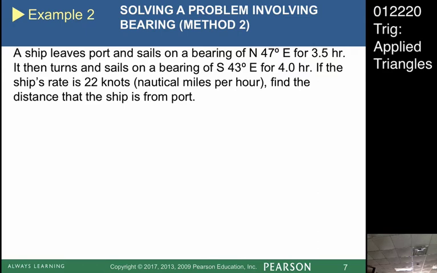Wait, so this one goes to this? Okay. So we don't have this one or this one. We don't have this one. We don't have this one, nor do we have this one. Or do we have this one?